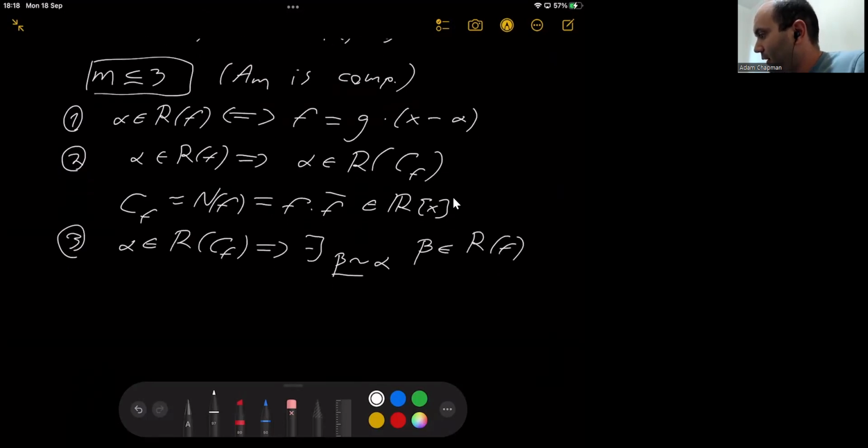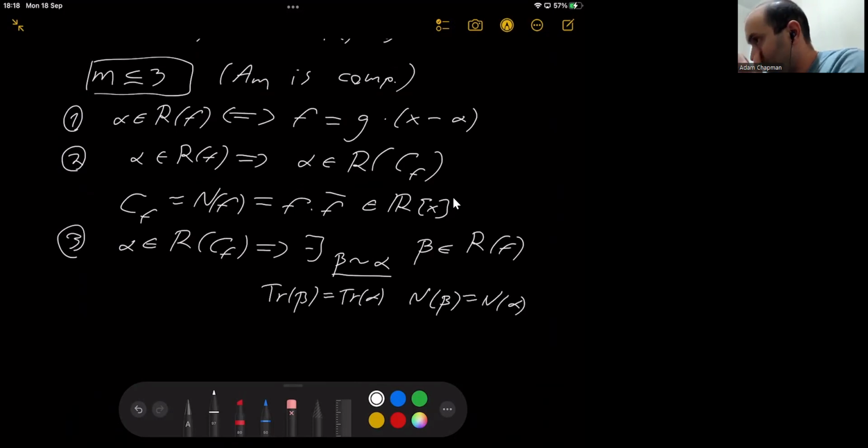And by that, I mean that the trace of beta is the same as the trace of alpha, and the norm of beta is the same as the norm of alpha. So inside the corresponding copies of the complex numbers, they represent the same element. That's what I mean.